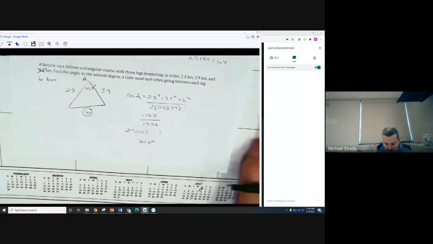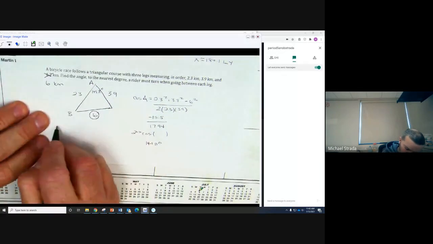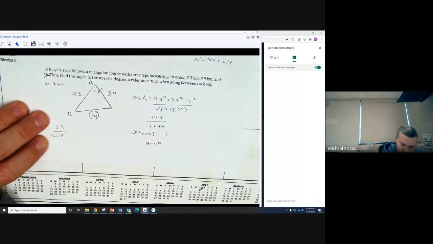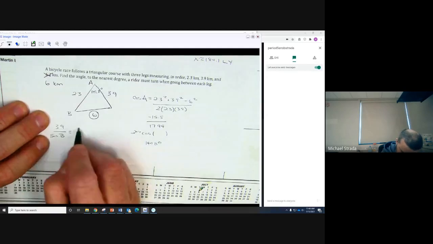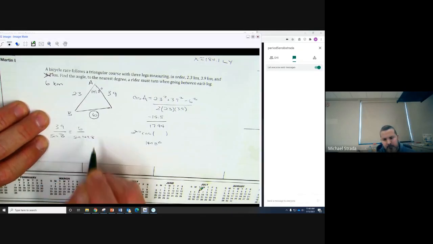Now law of sines kicks in. You can pick any other side you want. You pick the 3.9 over sine of B. That's equal to the 6 over the sine of 149.8.